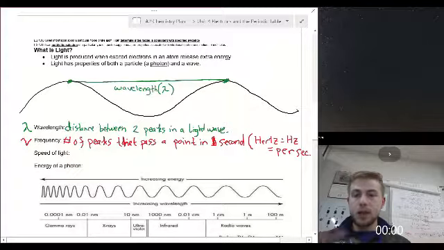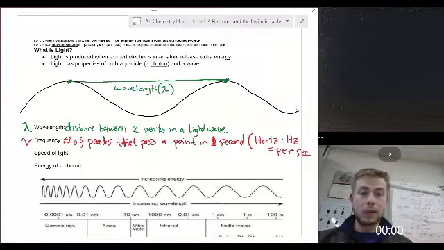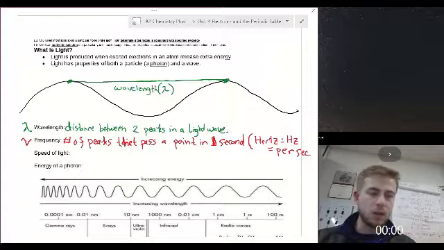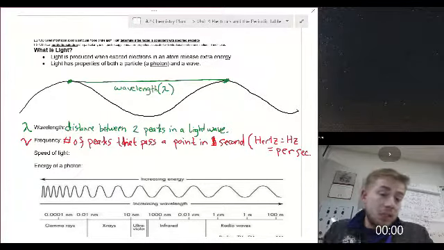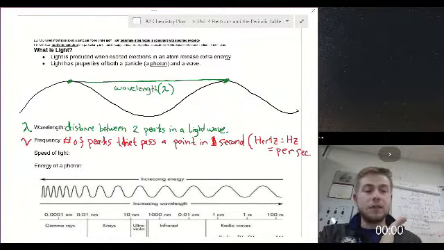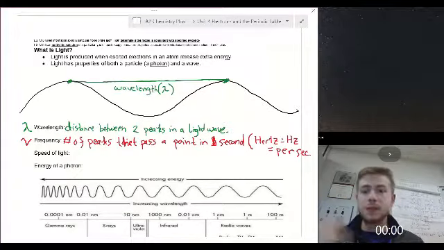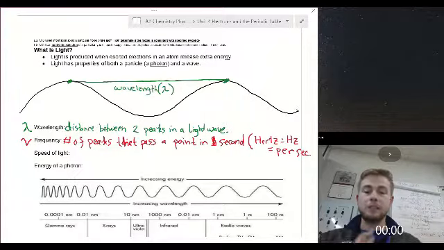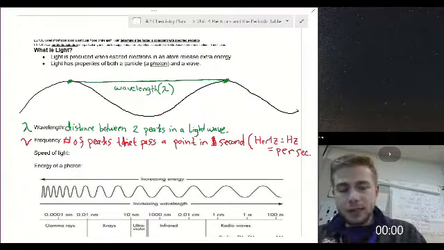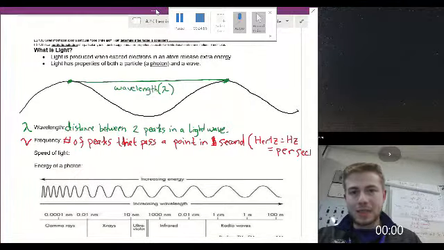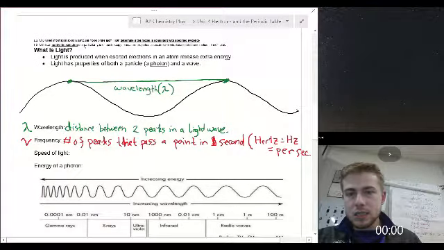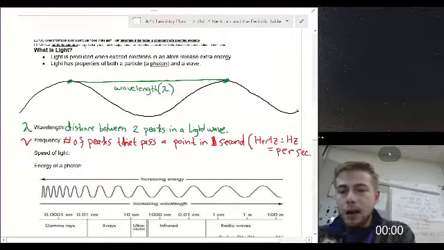Okay. The next property that a light wave has is how fast it goes. And light is pretty simple. It always goes at the speed of light. There's rare exceptions, but we're going to assume for our purposes that light moves at the speed of light. And the speed of light is a set speed.